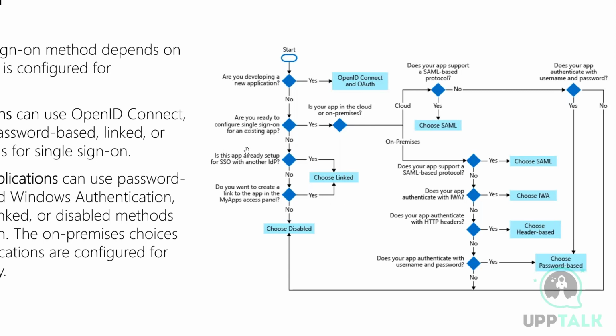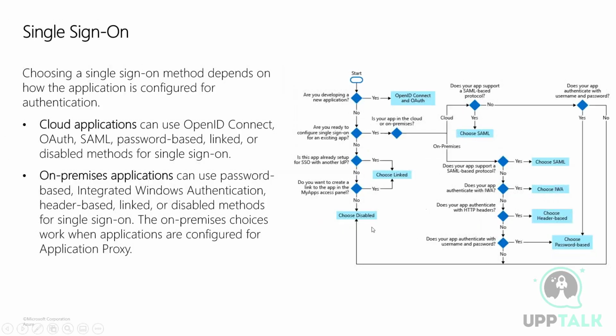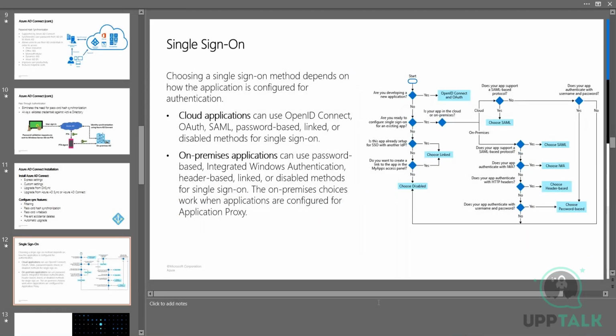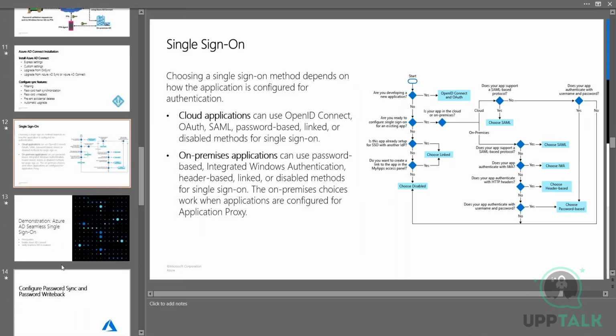right? If there is an application already set up with SSO with another member, in those scenarios, you have to link that resource with your existing Azure Active Directory. So here, based on the current status of your application, you can make a decision and associate this with your on-premises environment.